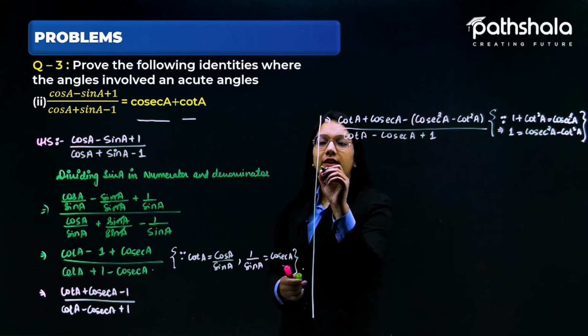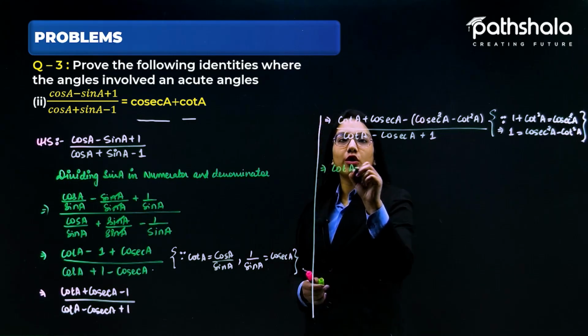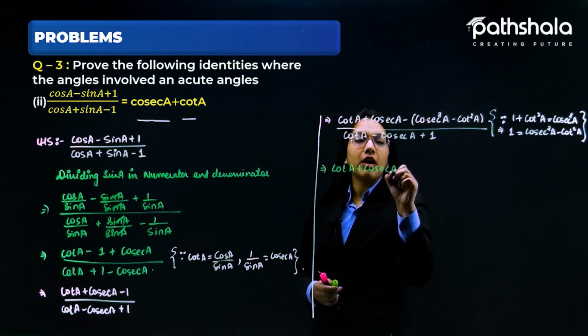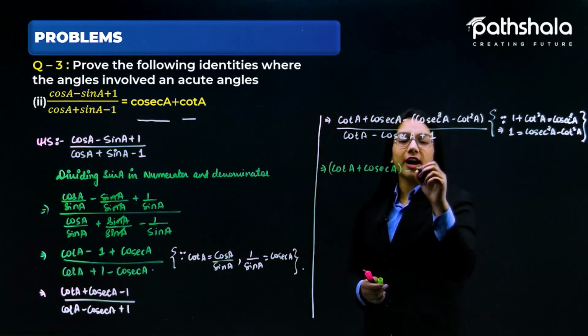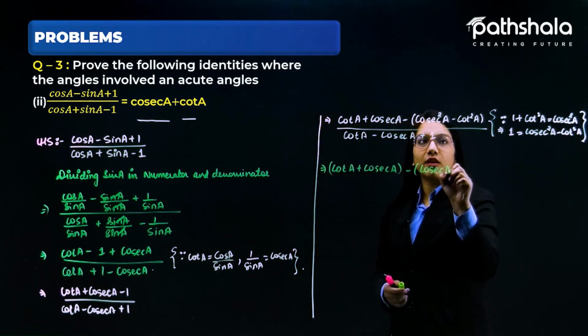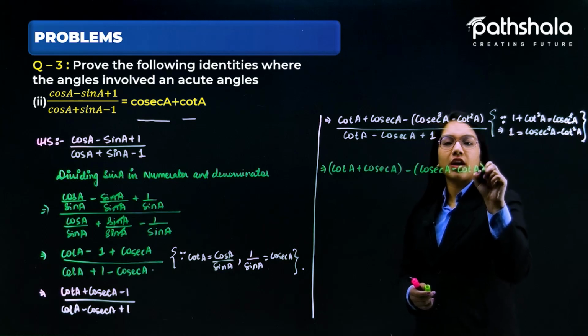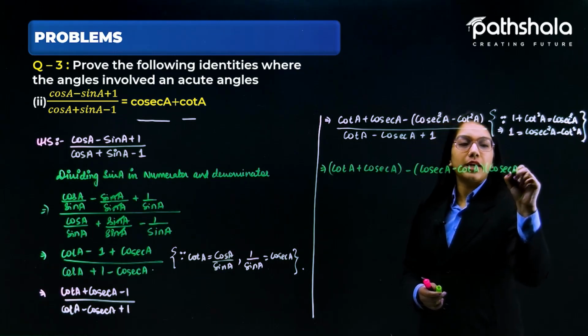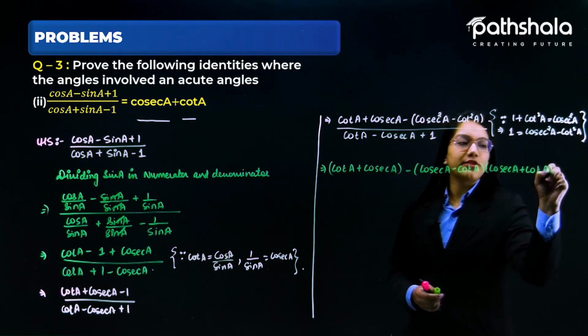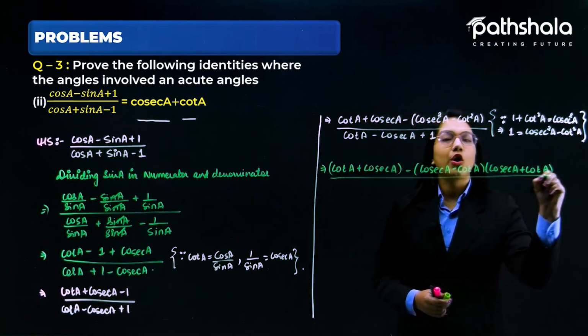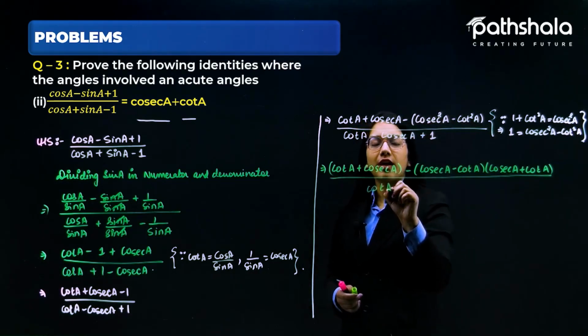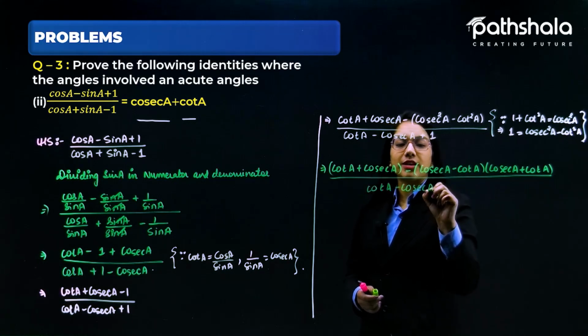Now again we can write this particular formation as cot A plus cosec A minus, we can use the algebraic identity over here, cosec A minus cot A and cosec A plus cot A, using the algebraic identity A square minus B square, whole divided by cot A minus cosec A plus 1.